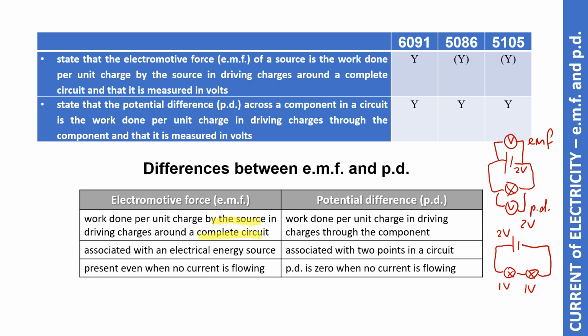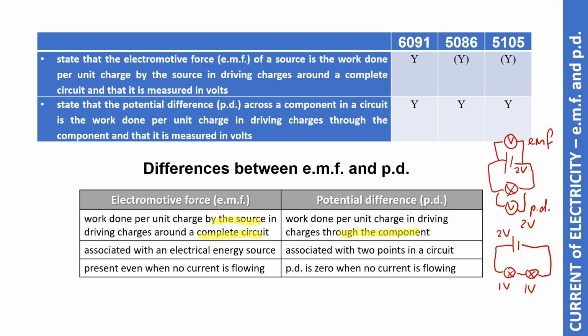Whereas potential difference is the work done per unit charge in driving charges through the component. All right, the formula is the same. It's still work done per unit charge, but for EMF, it is to drive the charges around a complete circuit. For potential difference, it is the work done to drive 1 unit charge through the component, right?